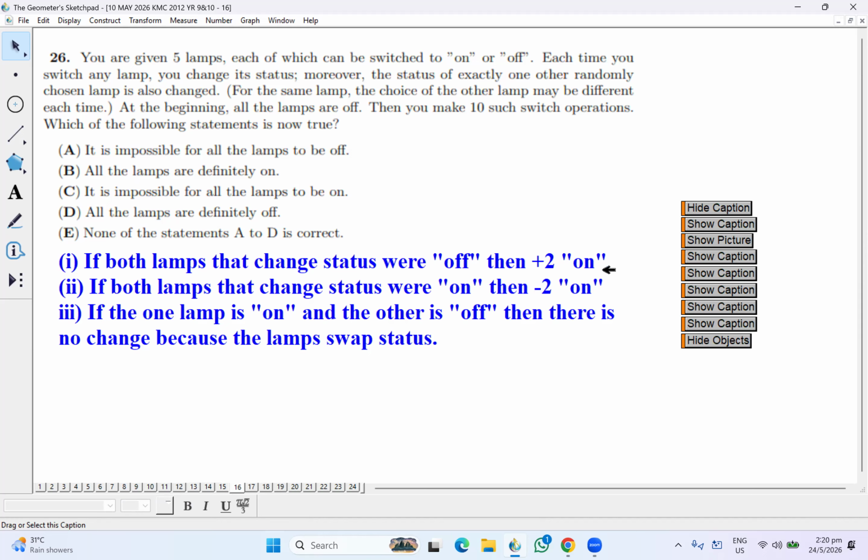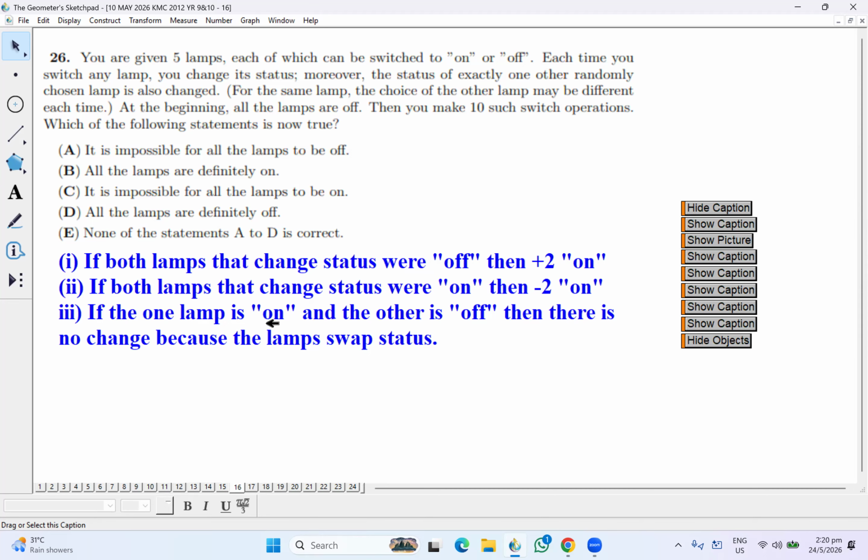If both the one you switch and the other one that is randomly chosen were on, then they become off. So -2 on. So on increases by 2 or decreases by 2 if both have the same status, both off or both on.